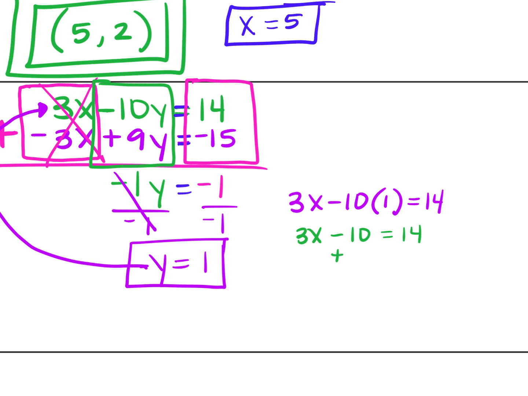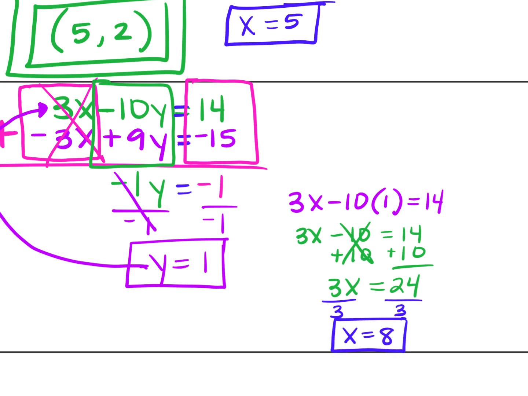We're going to add the 10. So 3x equals, that's 0. 14 plus 10 is 24. And then your last step, you're going to divide by 3. So x is 8. And you get an answer.